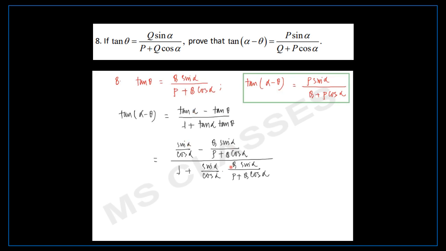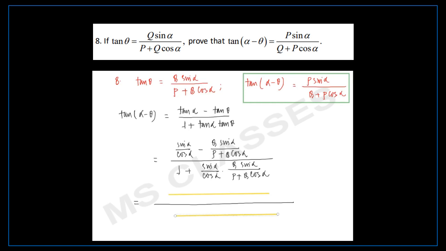Now, after that, we have to simplify. We will use this simplification, this one. In the numerator also, we take the LCM. So in the numerator, it is cos alpha into p plus q cos alpha.